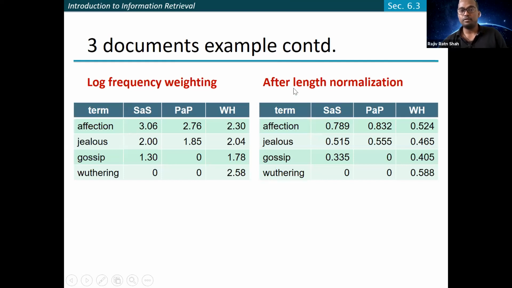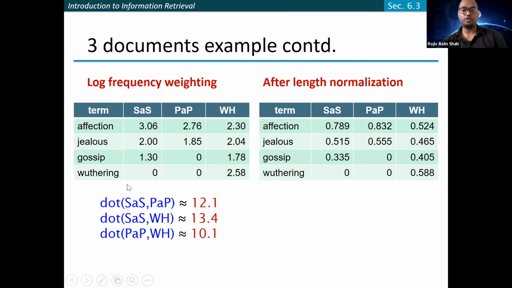Similarly, after length normalization, you can compute this here. So this is only the log frequency, and this is after the length normalization. If you compute the dot product between these 2, you see here that SAS and WH have probably the highest value as compared to SAS and PAP, and PAP and WH.